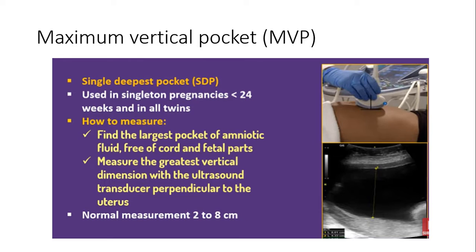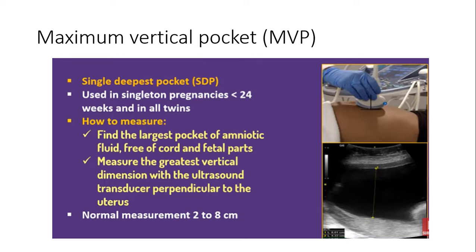We need to find the largest pocket of amniotic fluid while doing the ultrasound examination, free of umbilical cord and free of fetal parts. We need to measure the greatest vertical dimension with the ultrasound transducer perpendicular to the uterus. Normal measurement of the maximum vertical pocket is 2 to 8 centimeters.